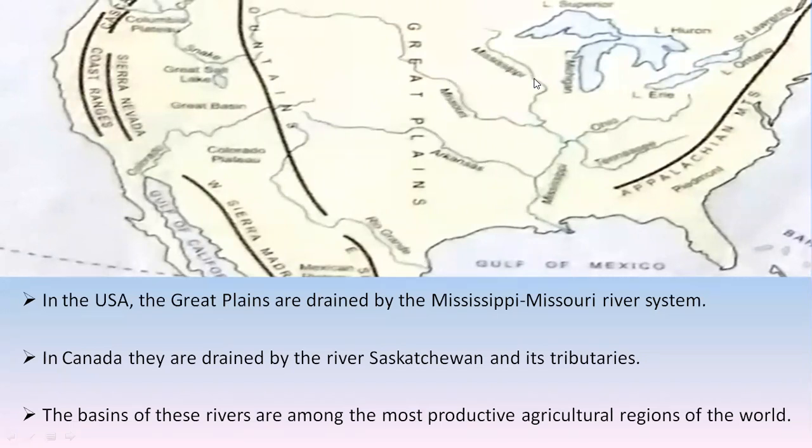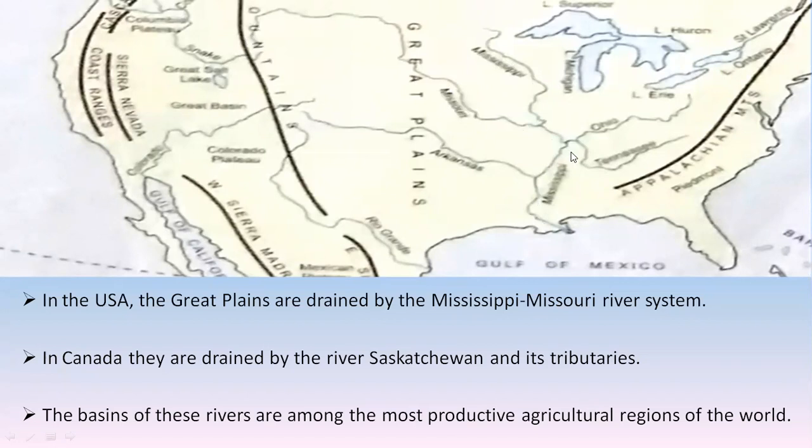Missouri starts from the Rocky Mountain ranges and connects to the Mississippi River, and finally both the rivers together reach the Gulf of Mexico. The Mississippi River starts near Lake Superior, and it finally finds its way out to the ocean at the Gulf of Mexico.